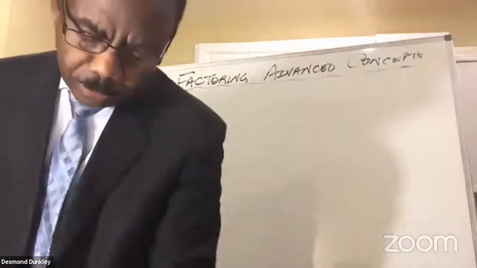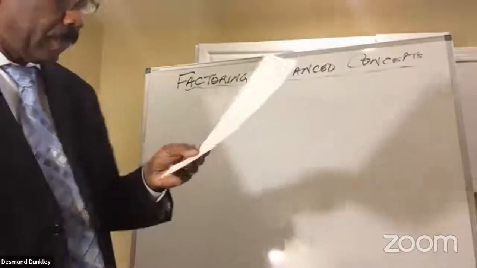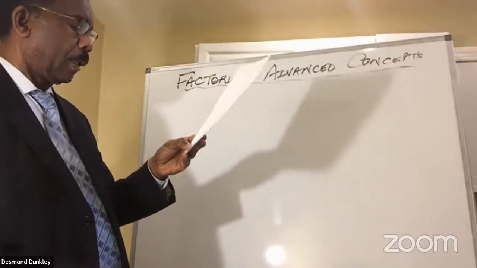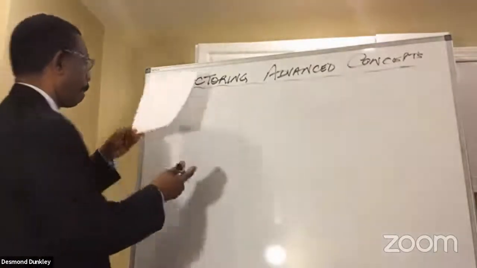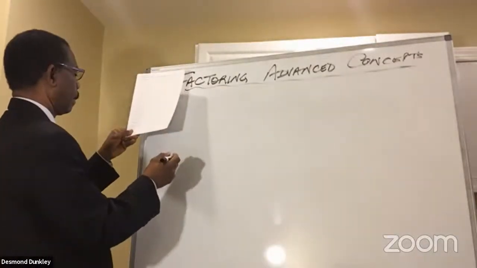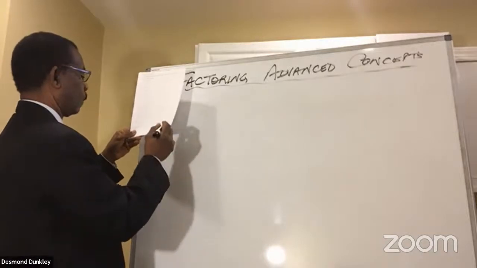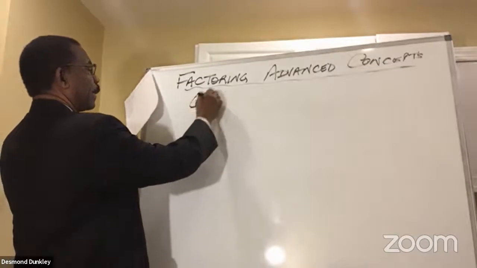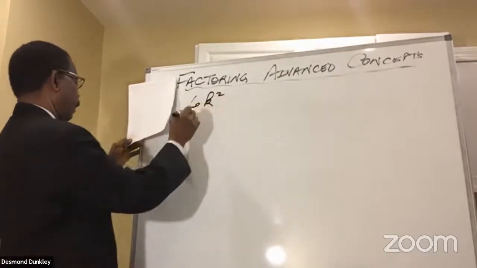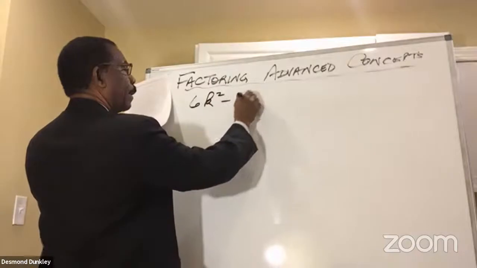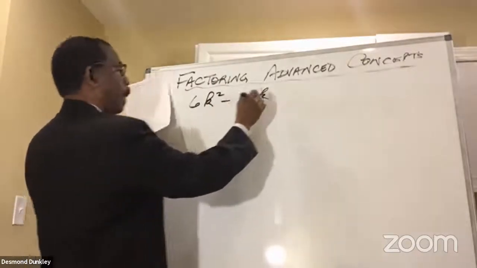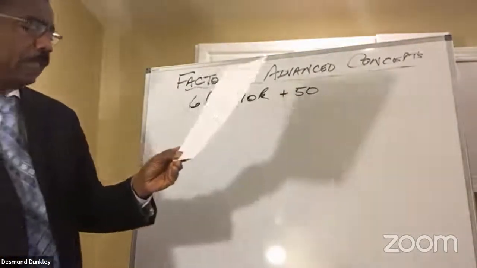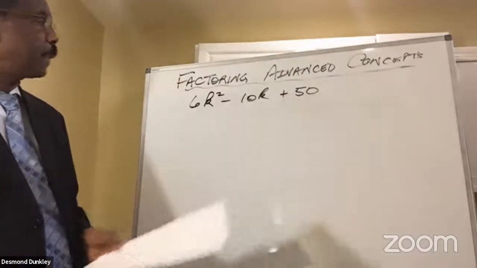Okay, so what about this one? 6k squared minus 10k plus 50.